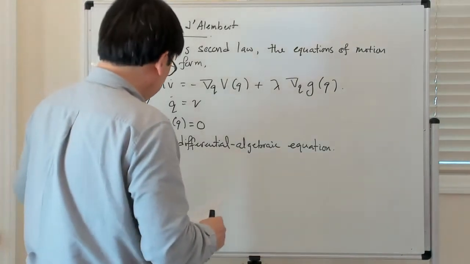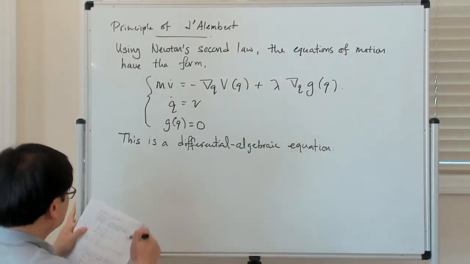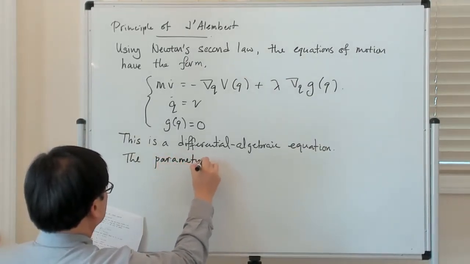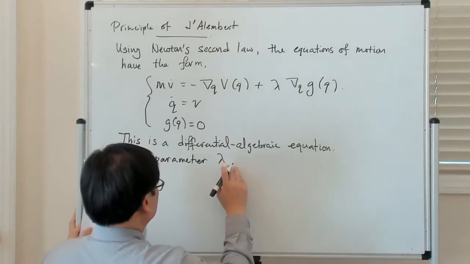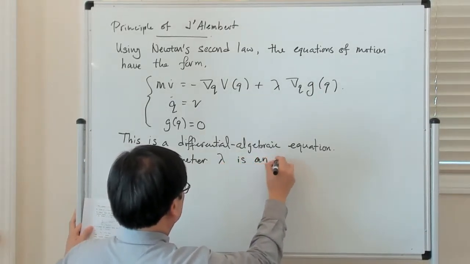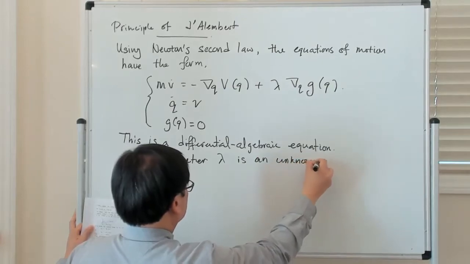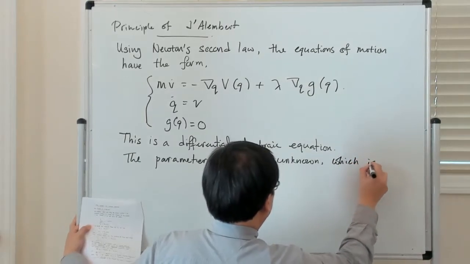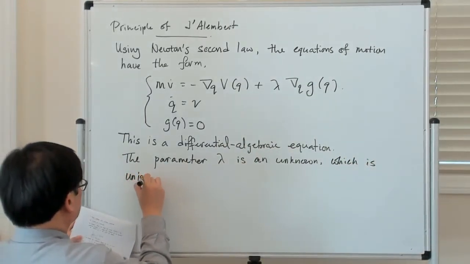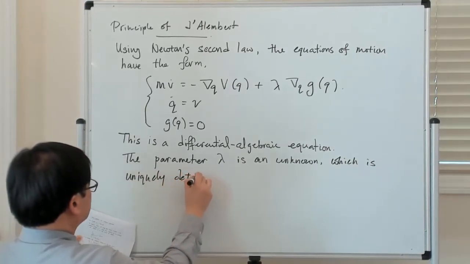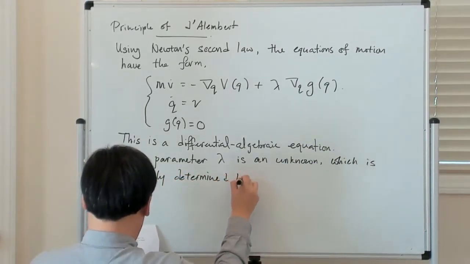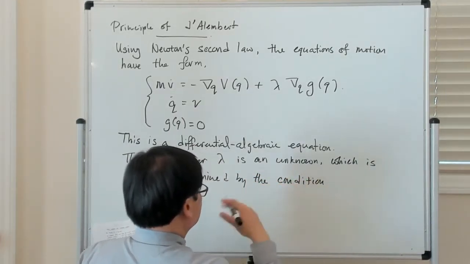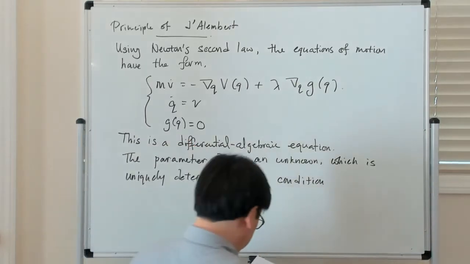Anyway, so this is a differential algebraic equation, and the parameter lambda is an unknown, which is uniquely determined by the condition that q as a function of time lives on the constraint surface.